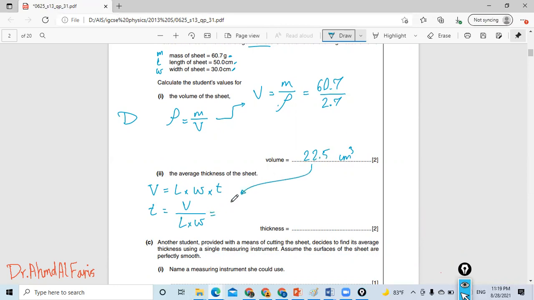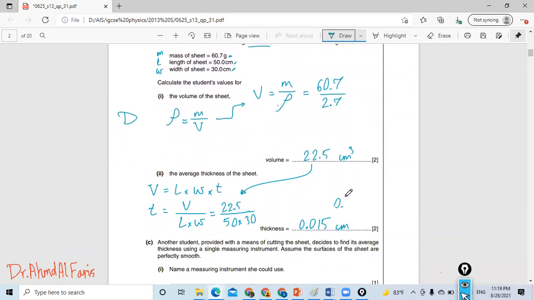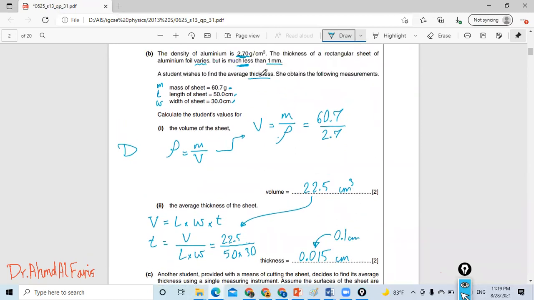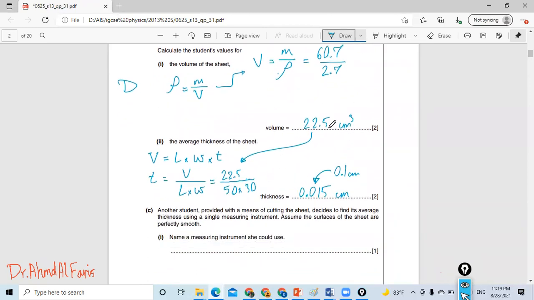This is the volume, which is 22.5, divided by the length and width from here, which is 50 multiplied by 30, and the answer by using a calculator is 0.015 centimeter, which is much less than 1 millimeter, as the question said, because 1 millimeter is 0.1 centimeter. So this value is much less than 0.1 centimeter, which is 1 millimeter. Okay, easy, as you can see.